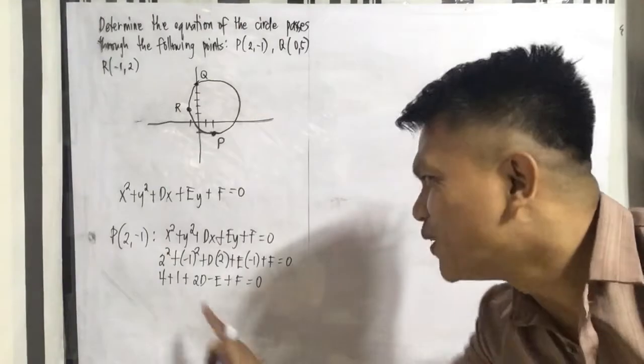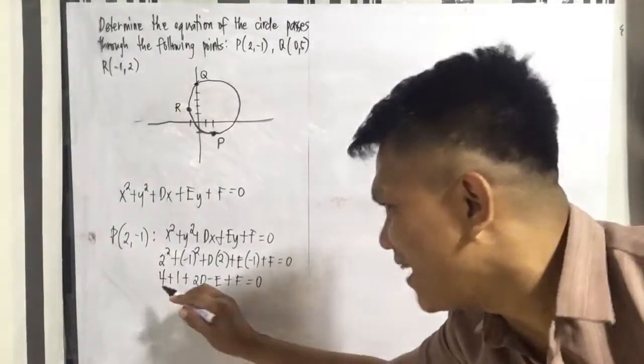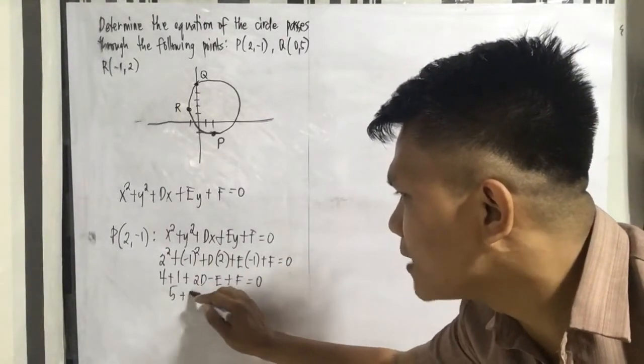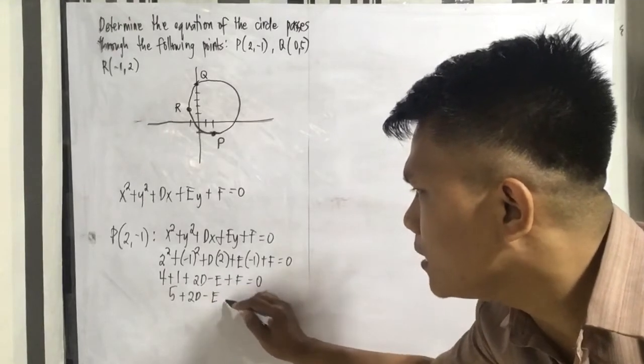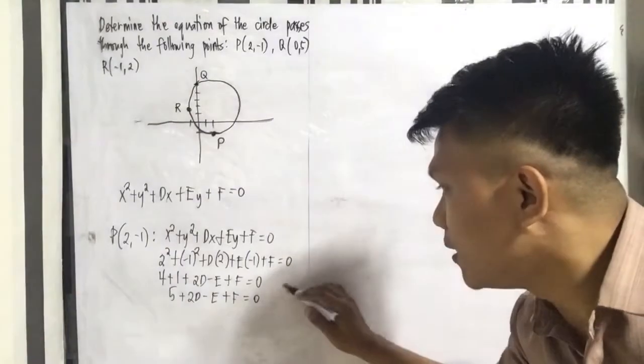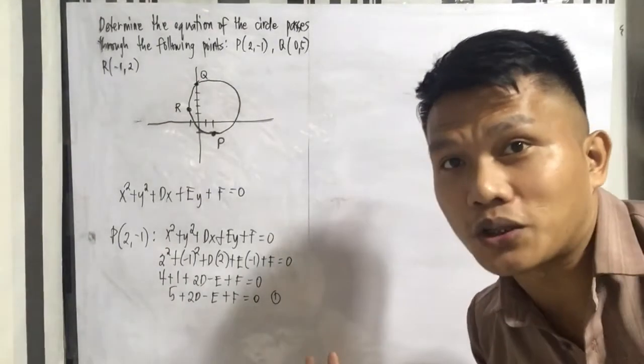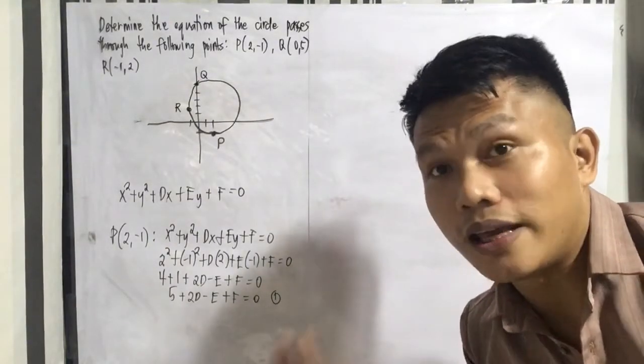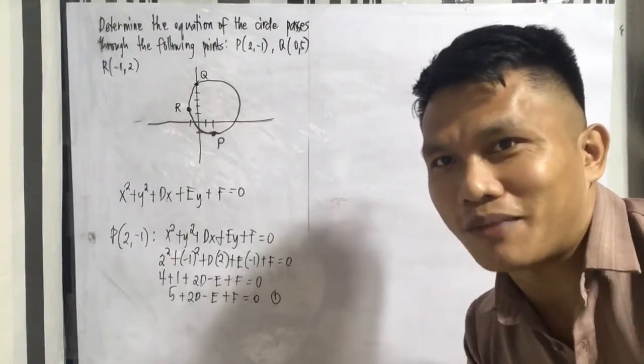Then 4 plus 1 is 5, so 5 plus 2d minus e plus f equals 0. This is our equation 1, the first equation that we will use later for our elimination method.